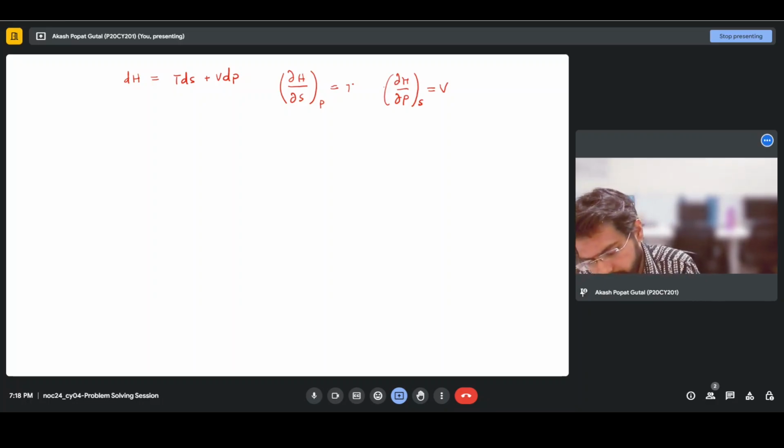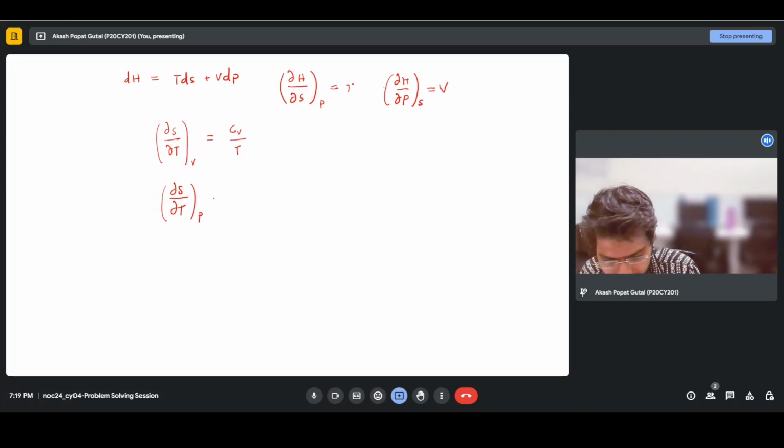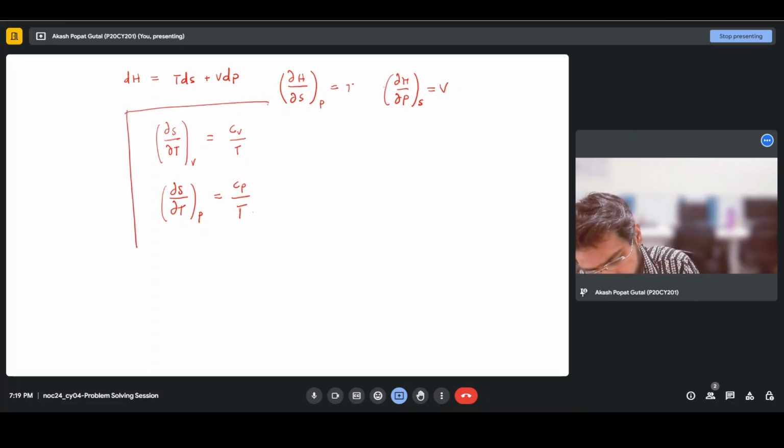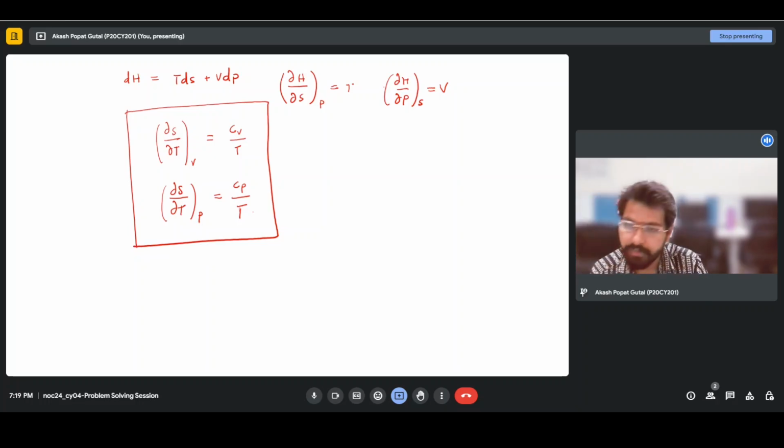And most importantly, we have derived the partial change in entropy divided by the partial change in temperature at constant volume is Cv by T. And similarly, the partial change in entropy with temperature at constant pressure is Cp by T. These two equations we have seen at the end of the lecture.